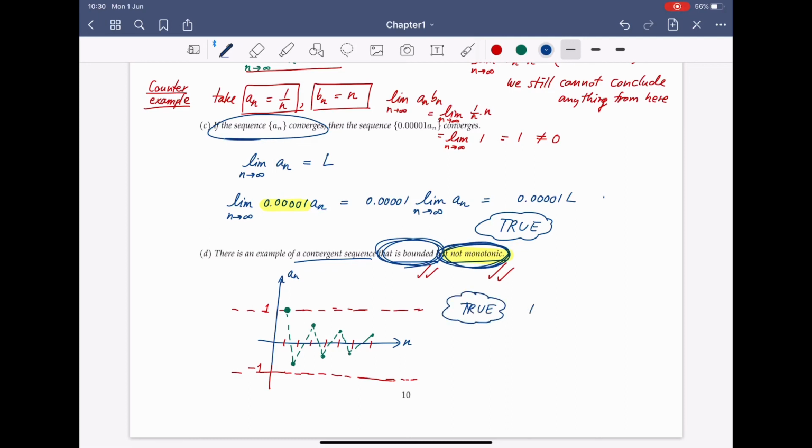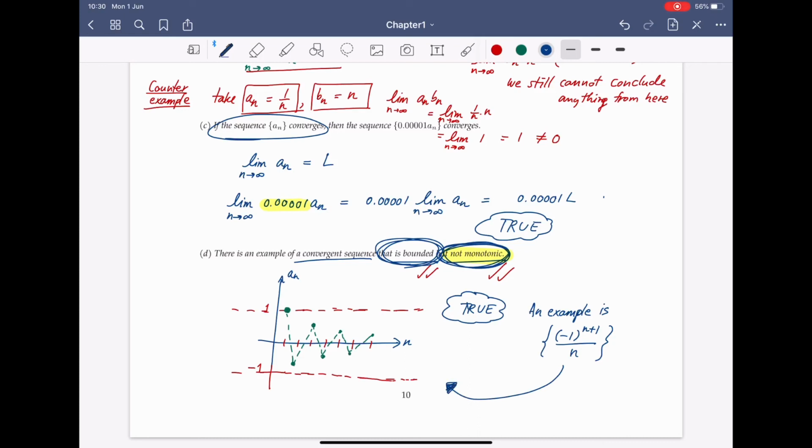So an example is, let's say you can have -1 to the n plus 1 over n, for example. If you try this, you can see that the picture is going to be the same as this picture.